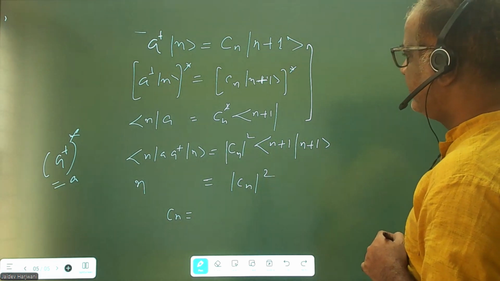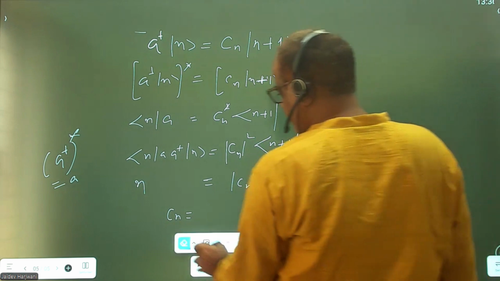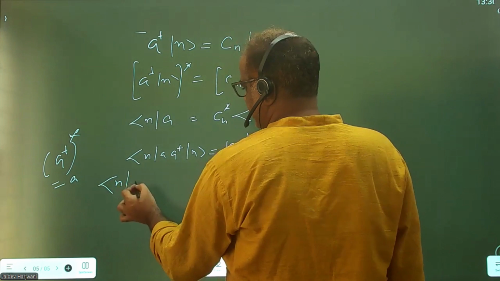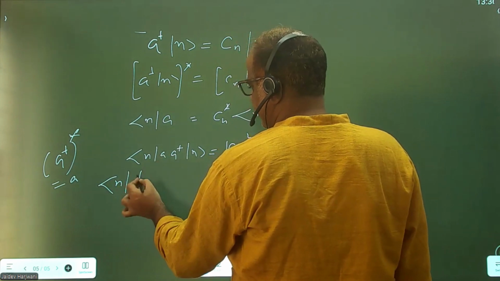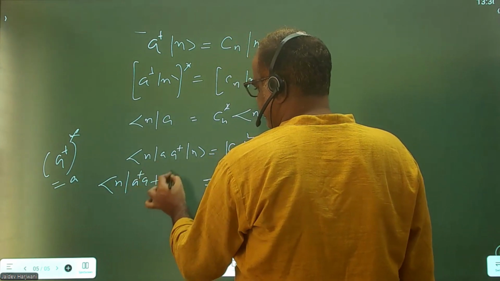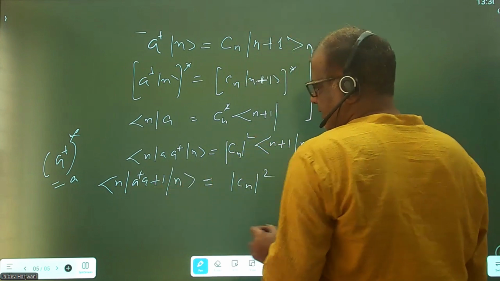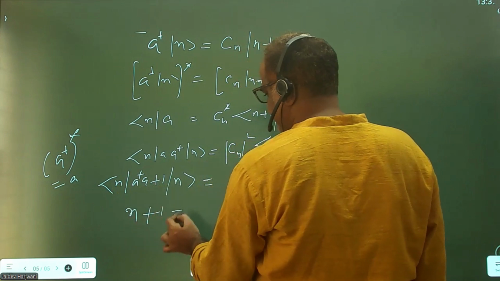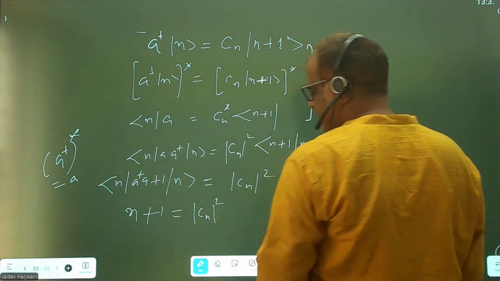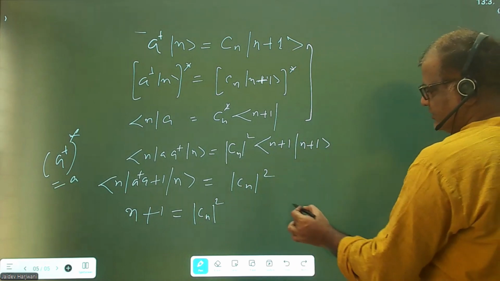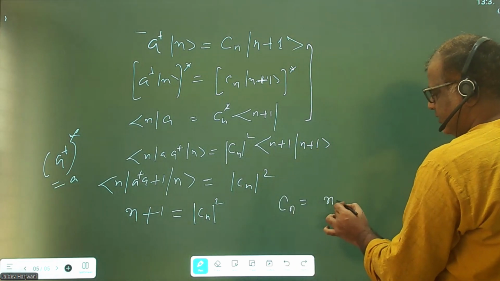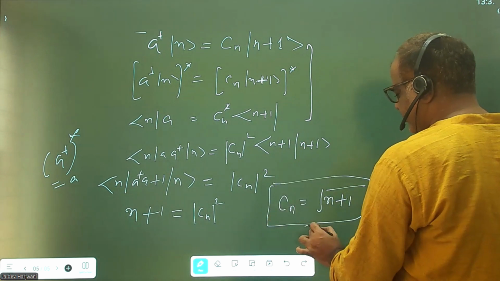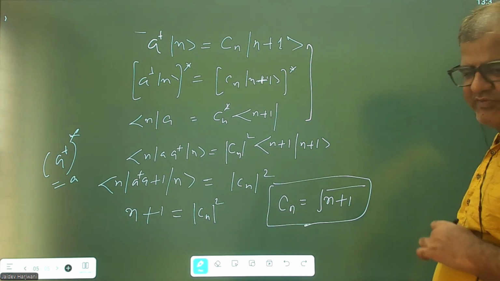Sorry, now this is not the number operator. If I write this as a a plus n, and now I write the number operator, it becomes a plus a plus 1, and if you solve this, the number operator on this gives n plus 1. So Cn mod squared is equal to n plus 1, and for Cn I can take root n plus 1, because Cn is a norm, so we have to take only the positive value.